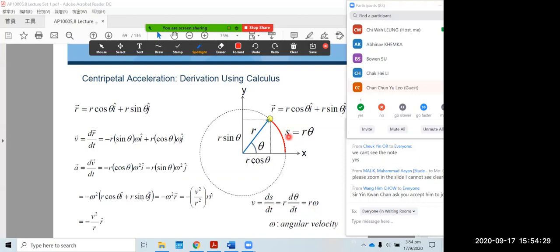Similarly, the displacement along the track, s, is related to the angular size theta by the equation here. So if you divide the whole equation by delta t, you could imagine obtaining the equation here. From that, we could change omega into v over r.